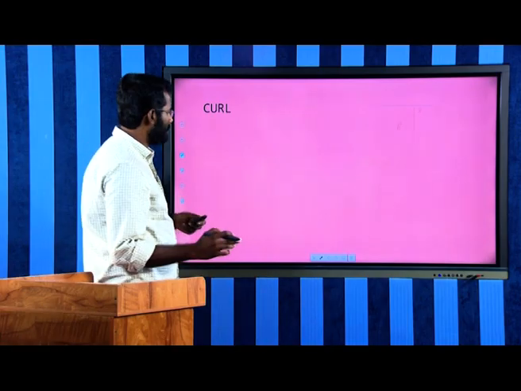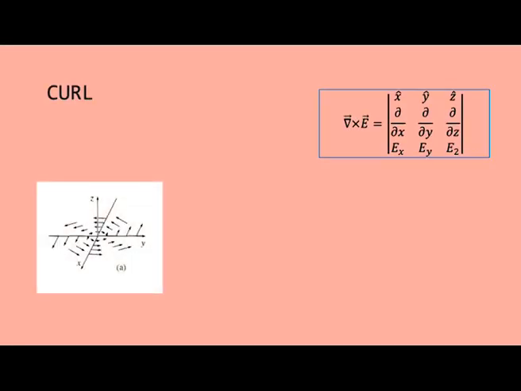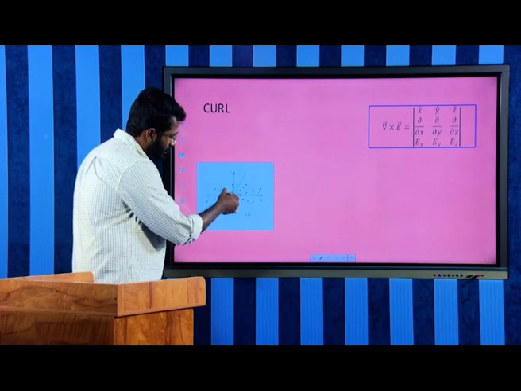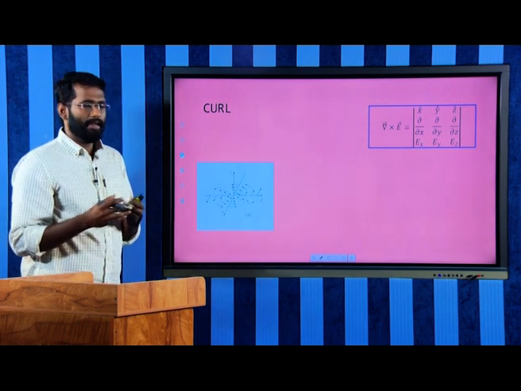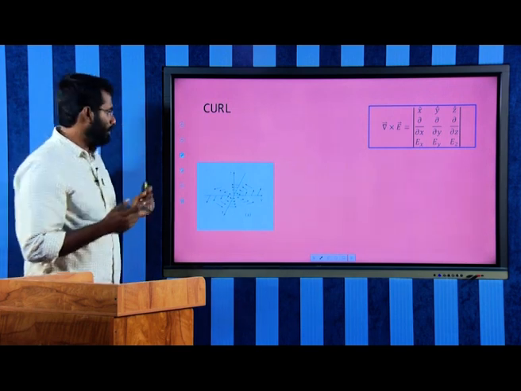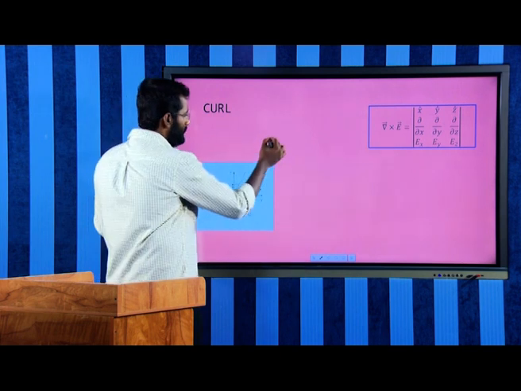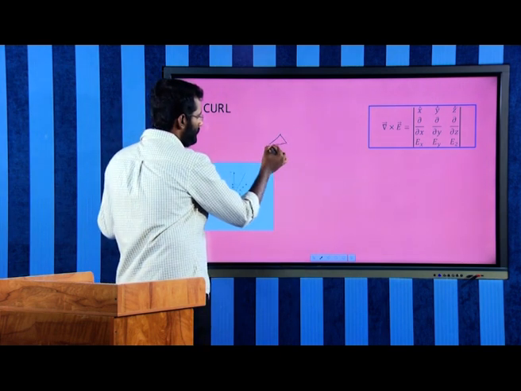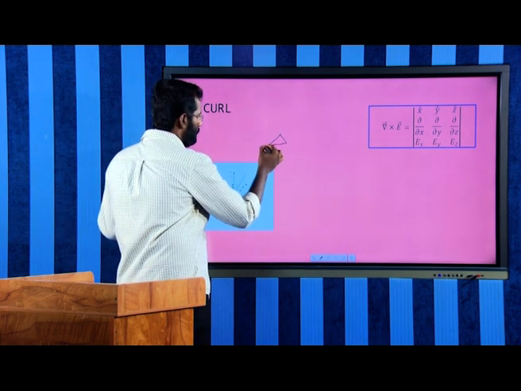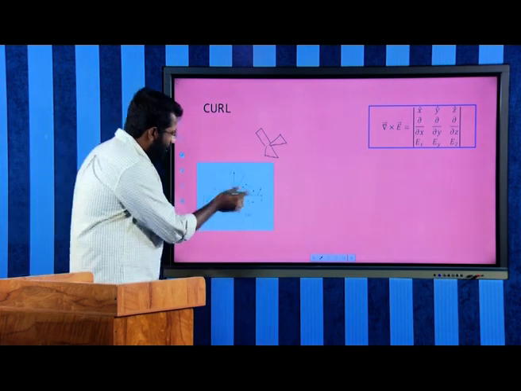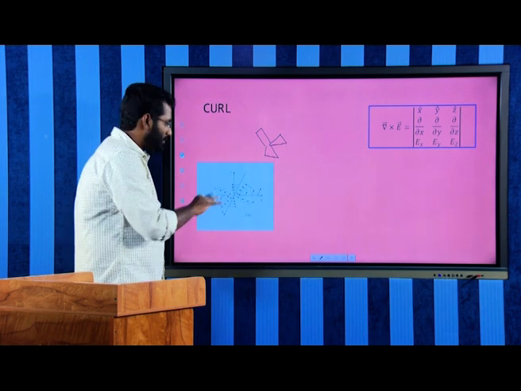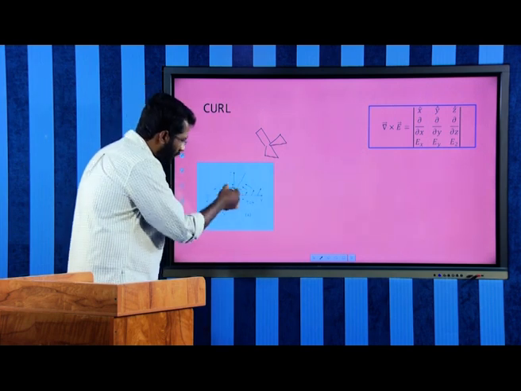Now let us calculate the curl for a particular vector. These are some examples. Here you can see that it is rotating. To find whether it is curling or not, you can imagine a paddle wheel, a fan-leaf-like thing. Imagine that this surface is the surface of a fluid, and there is a flow like this.